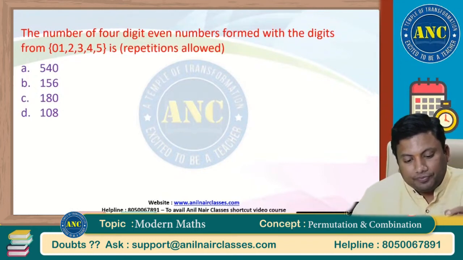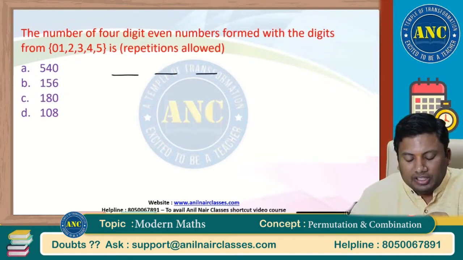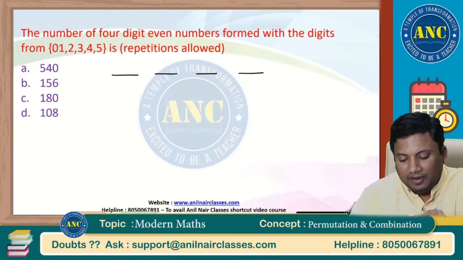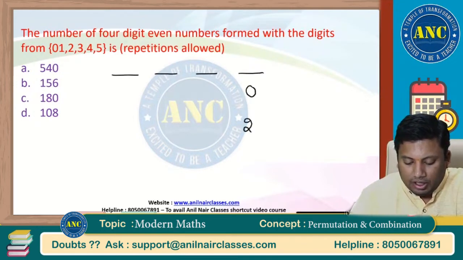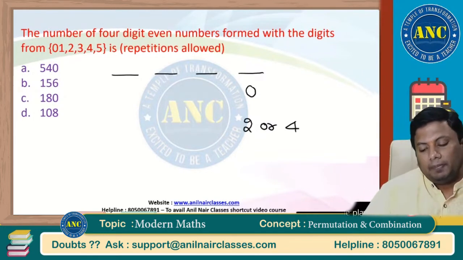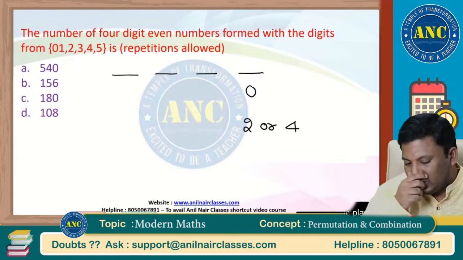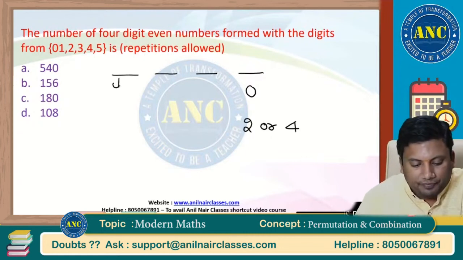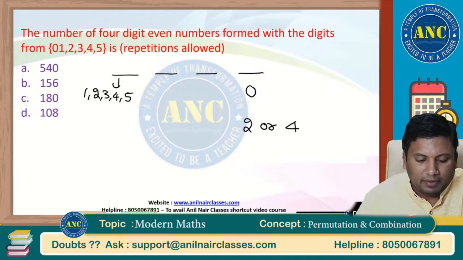Next one. Number of 4 digit even numbers. Even numbers means, suppose here 0, here 2 or 4. The difference is, previous questions repetition not allowed, now the repetition is allowed. Here 1, 2, 3, 4, 5, any number can come.